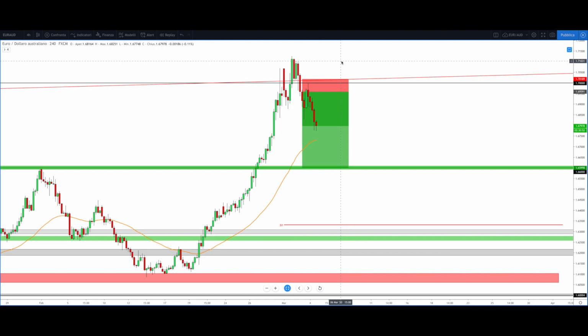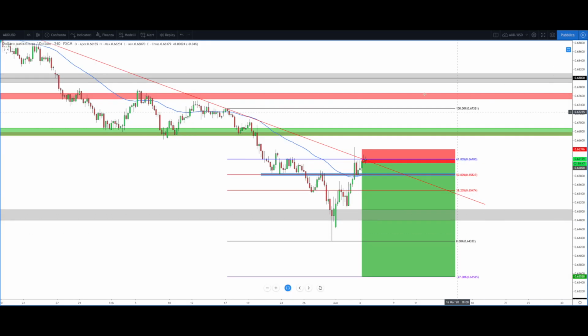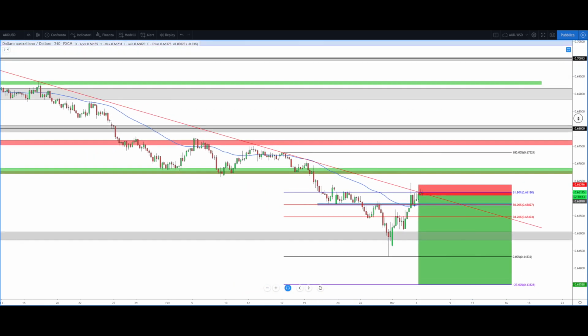And talking about the Australian dollar, we can watch here Australian dollar, US dollar on the 4-hour time frame.